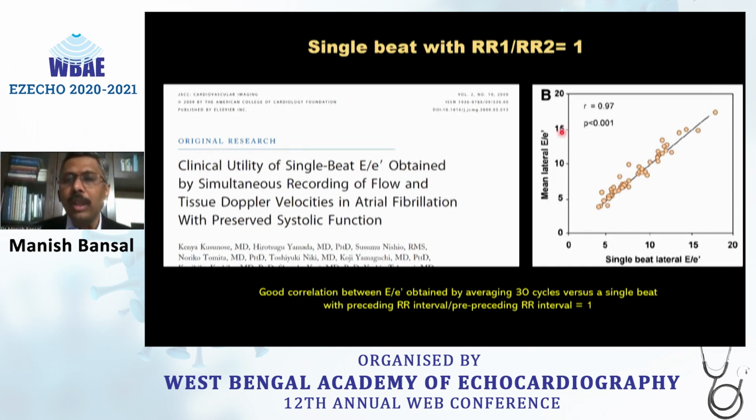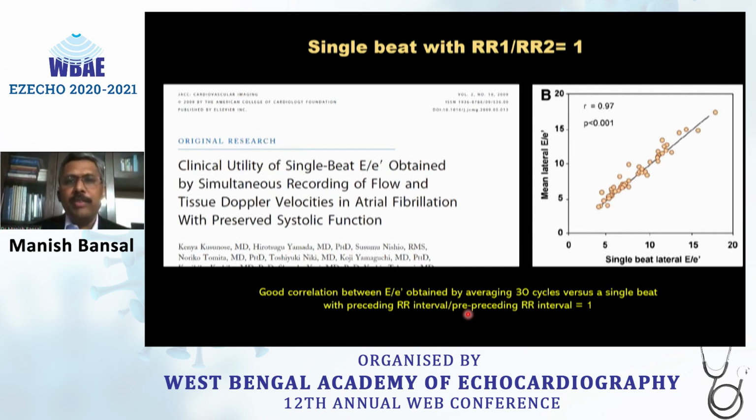When they took the average of 30 cycles, it matched very closely with the single beat measurement derived using this RR1 by RR2 method. So if we look at just these cardiac cycles, this is going to give us the most accurate measurement. The only thing is that we need to be careful to avoid very fast heart rates, and it is always better to take an average of 2-3 cycles instead of just relying on one single beat.